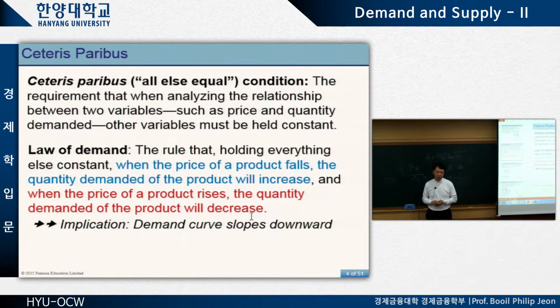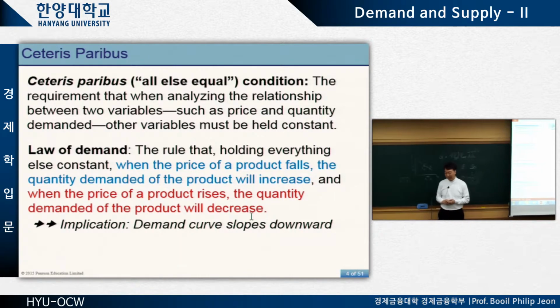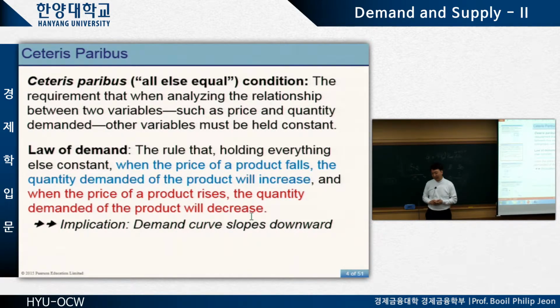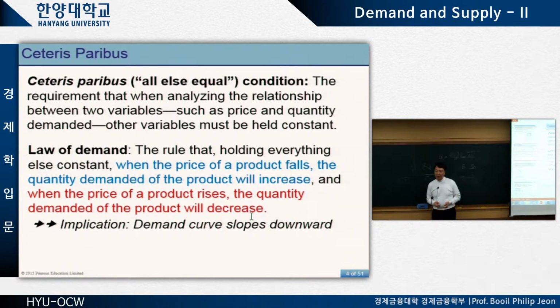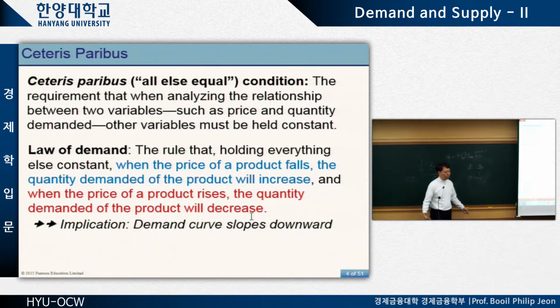So there's no way you can put humans into this experiment. So then how? Is there any way we can find the relationship between price and quantity if you cannot observe human behavior in a controlled environment?